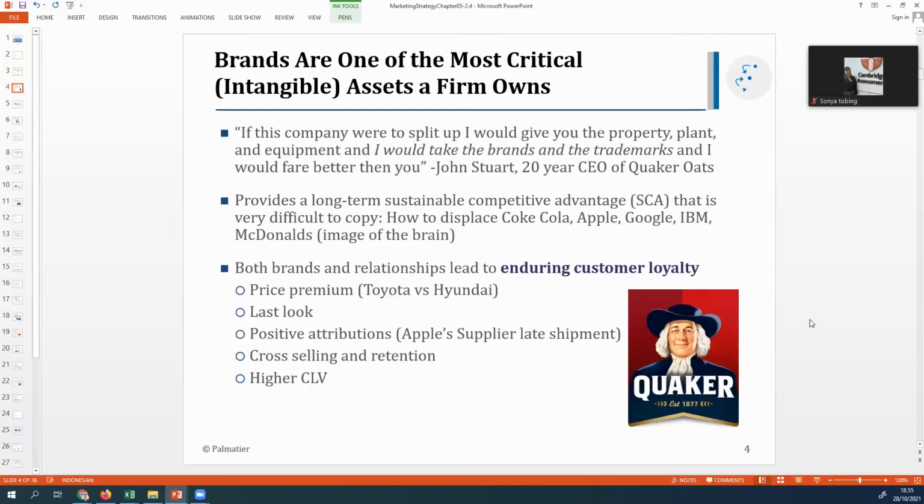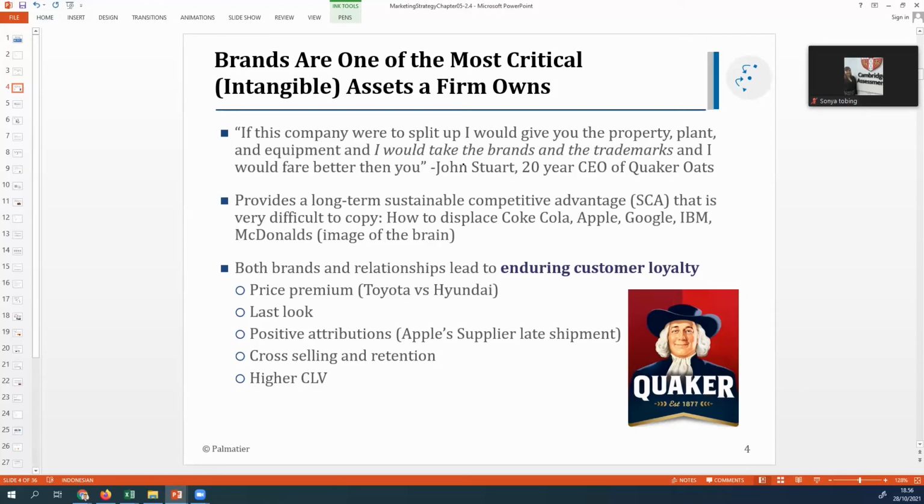So brands are one of the most critical intangible assets that a firm owns. There is one quote from John Stewart, the CEO of Quaker Oats: if this company were to split up, I will give you the property, plant, and equipment, and I will take the brand.